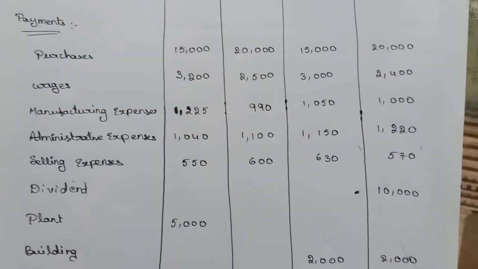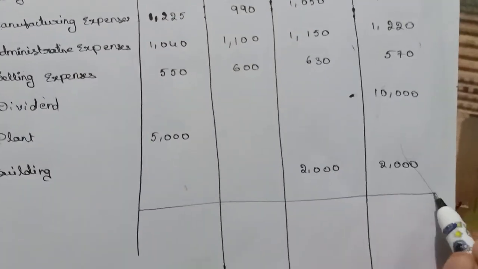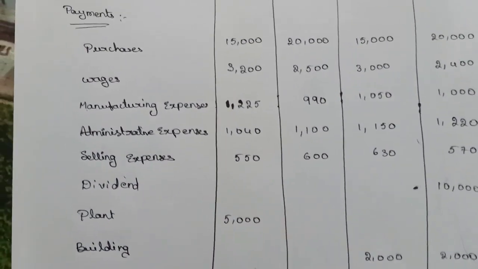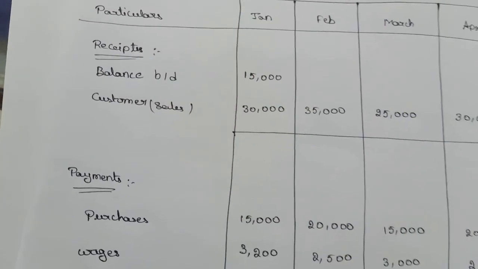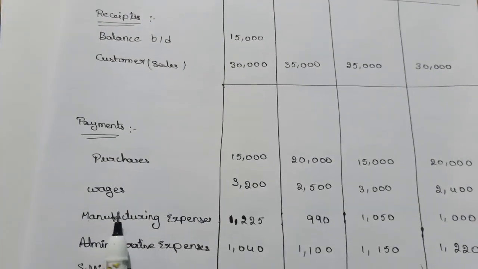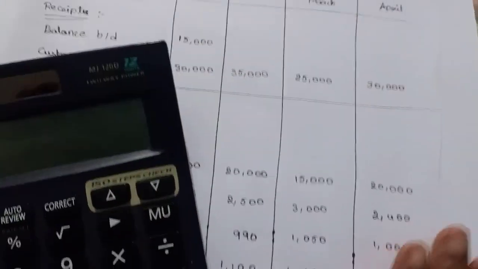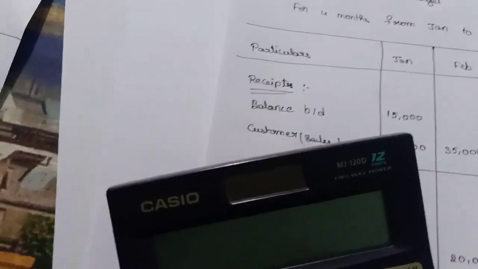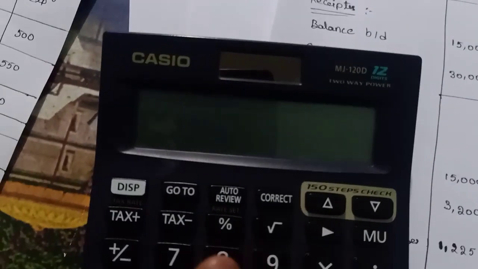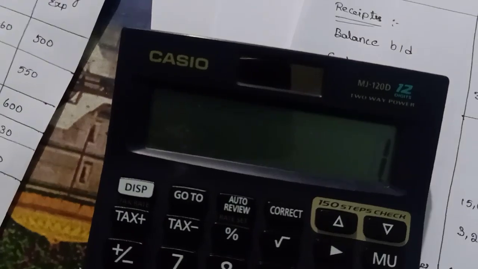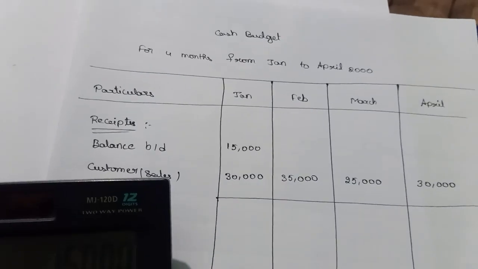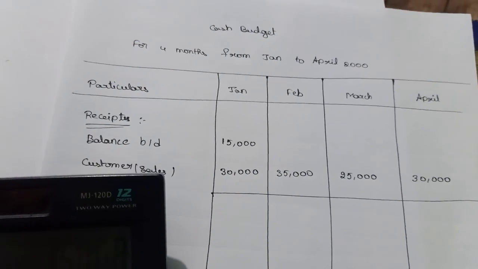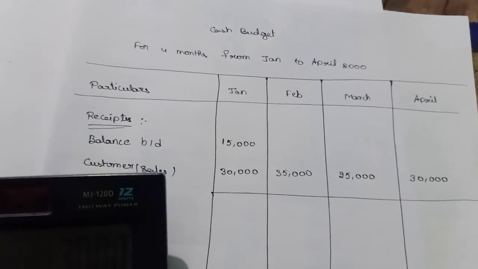Okay, so now we have to calculate the information. Already I told you that receipts minus payments. So let us calculate the amount first. Let's go to the calc. What is the amount? 15,000 plus 30,000.